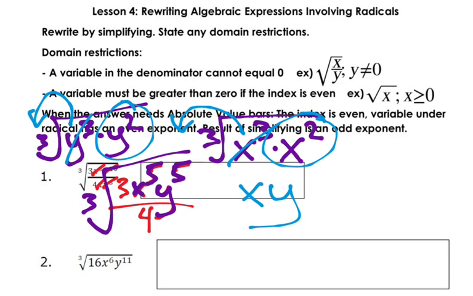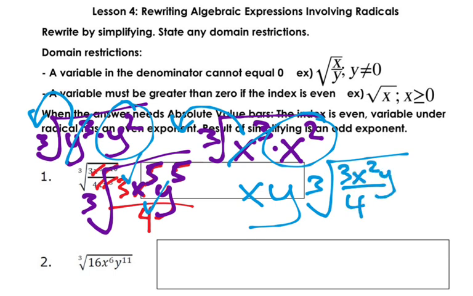The remaining 2 y's and the 2 x's and the 3 and the 4, all of those are going to stay under the cube root sign with the x squared and y squared going in the numerator. The 3/4 would go there first, and then the x squared and the y squared. So this very odd looking answer is the correct answer.